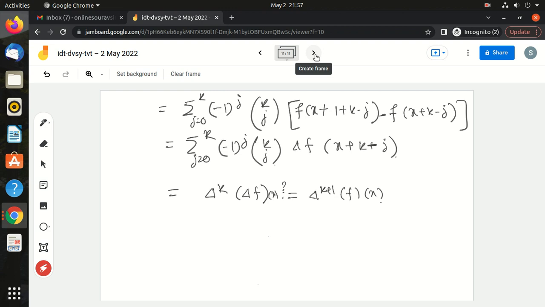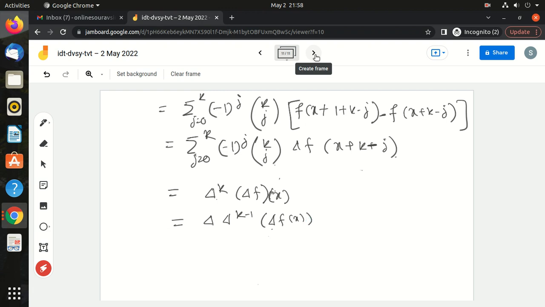This is actually delta k minus 1 of delta 2 of f of x. Now you know the result for k, right? So you can directly write. No, sorry, I'm wrong. So what happens here? You write it as delta to the power k minus 1 of delta f of x.